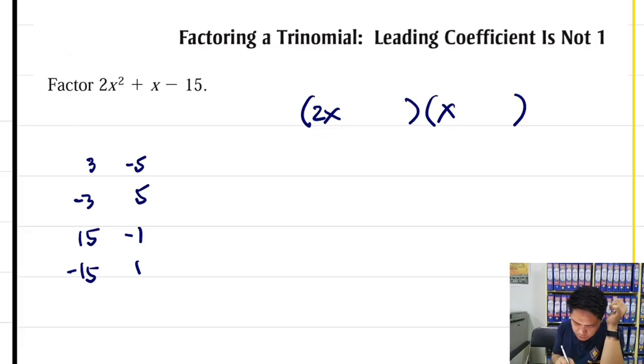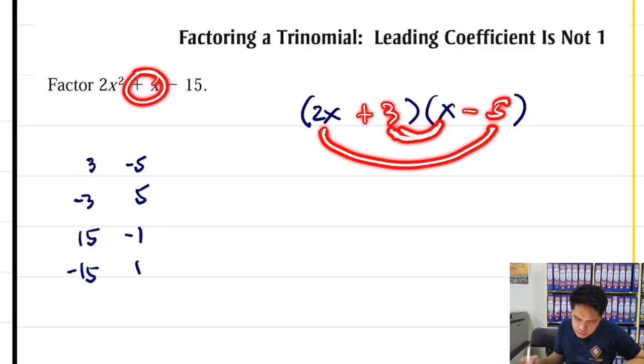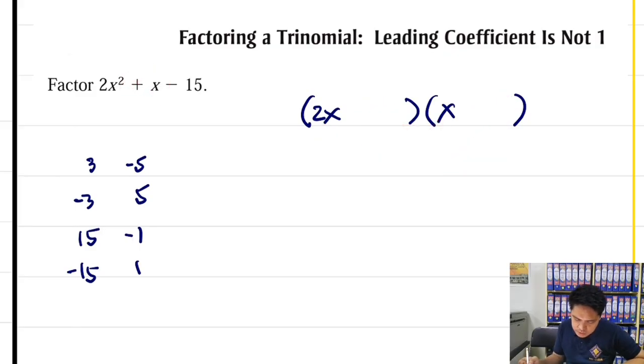As for example, ito yung combination 3 and negative 5. So, meaning we need to multiply 2 here, and we need to multiply this inside to this. So the sum of those products should be this, x.